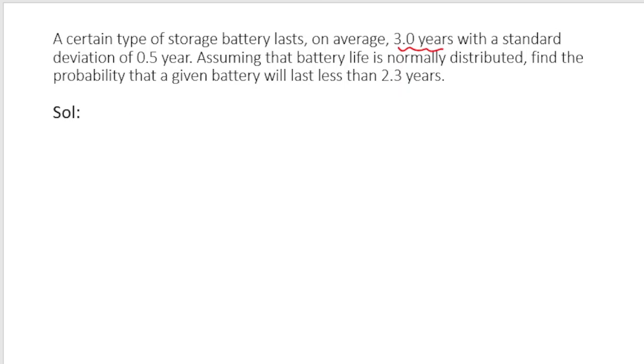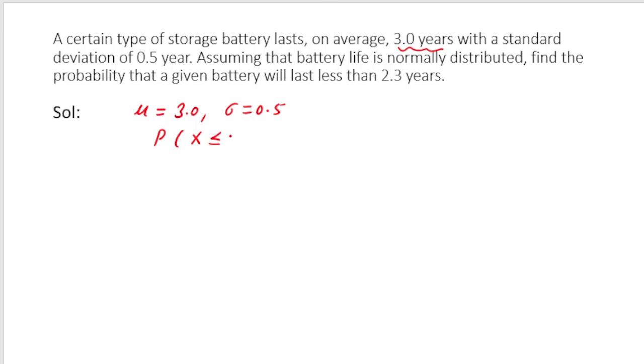On average means mean, mu is equal to 3.0, with a standard deviation of 0.5 year, meaning sigma is equal to 0.5. Assuming that the battery life is normally distributed, find the probability that a given battery will last less than 2.3 years.